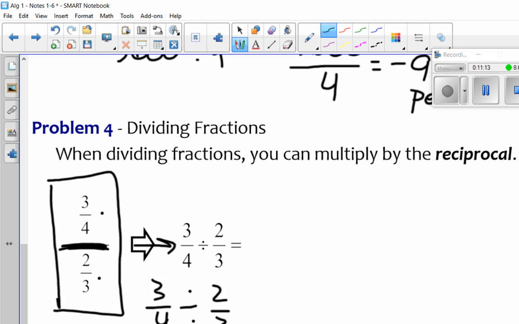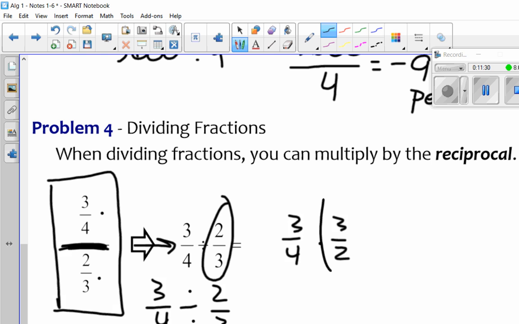So the rule in math is when I do that, I want to take the reciprocal. So this goes back to the first thing we did today when we talked about reciprocal. I want to take the second fraction and I want to flip it. But then the other part of the rule is I change it to multiplication.